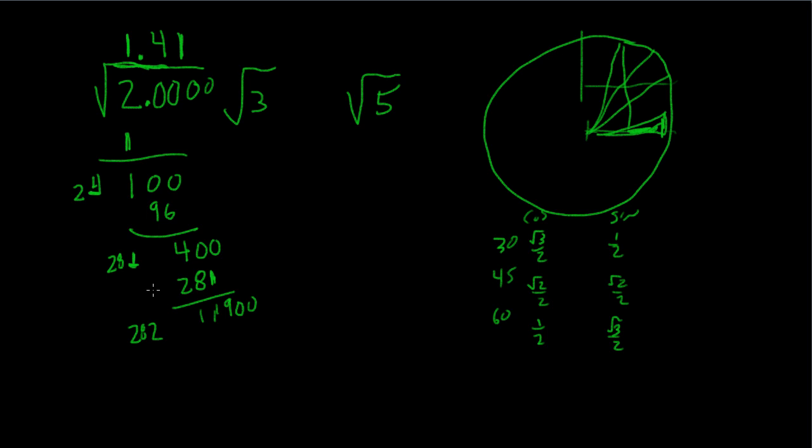That 141 doubled is 282. 282 times blank, is it 5? 5's too much. I think it's 4. You put a 4 here and you put a 4 there, and that's how you take a square root of 2.